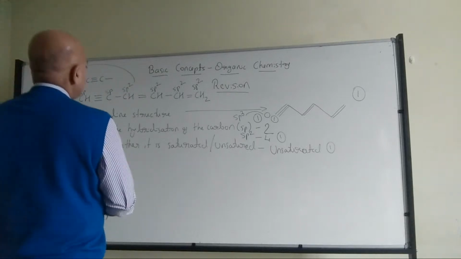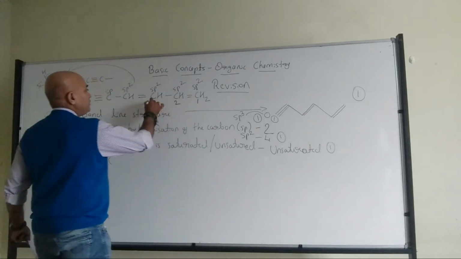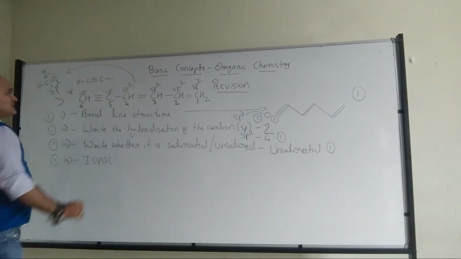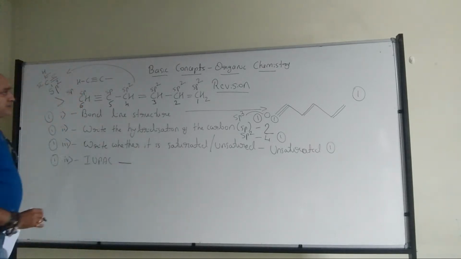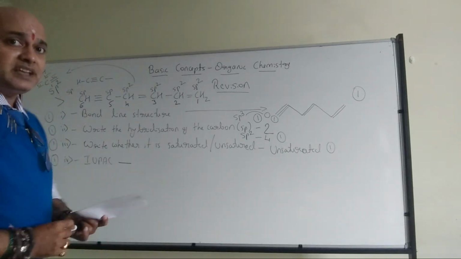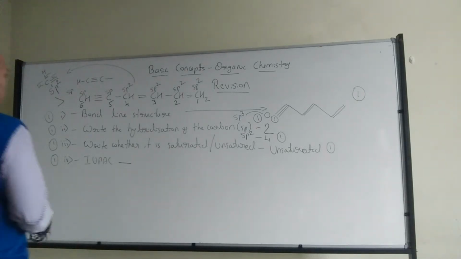Therefore, please remember, numbering will be done from here: 1, 2, 3, 4, 5, 6. So it is a hexane derivative. Preference should be given to the double bond, not to the triple bond.